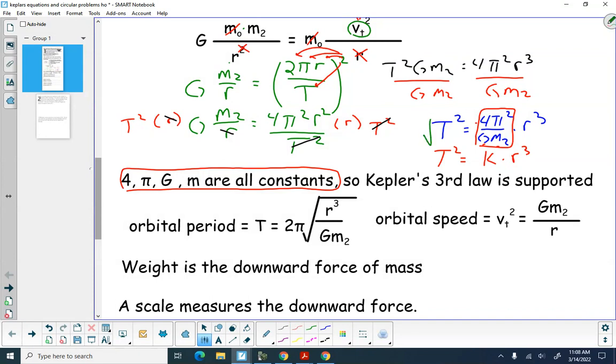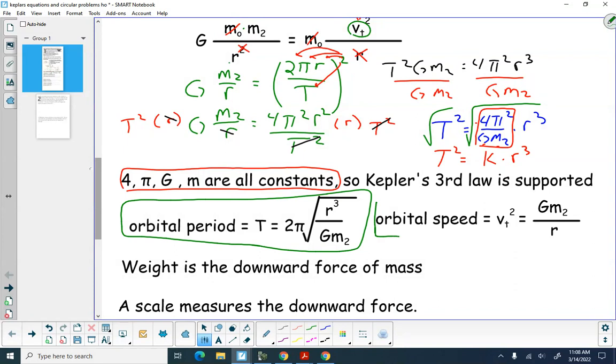If we take the square root of both sides here, what we're left with is t is equal to 2 pi square root of r cubed over G m2. Once again, these are things I would get down.